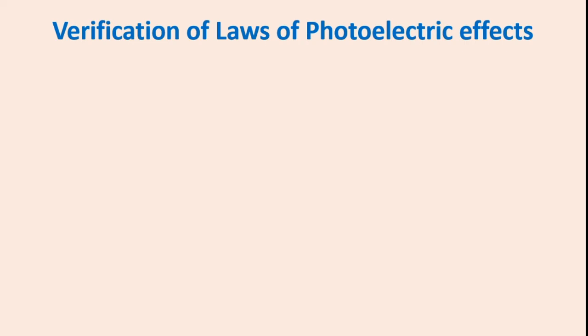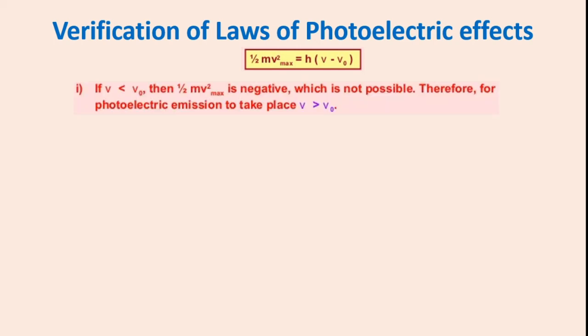Now we'll see whether Einstein's equation can verify all the experimental laws of the photoelectric effect. We know, according to Einstein's photoelectric equation, half m v max square is equal to h into nu minus nu naught. If nu is less than nu naught, then half m v max square, that is kinetic energy, will be negative.